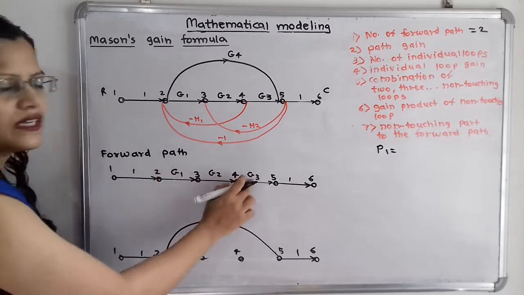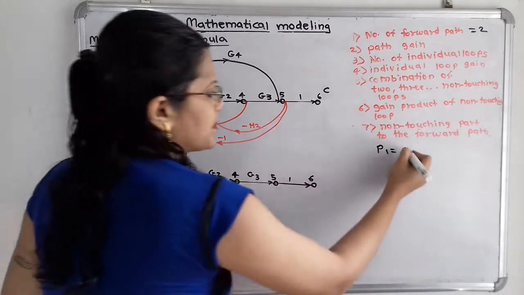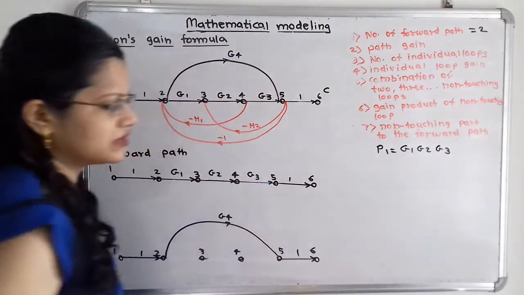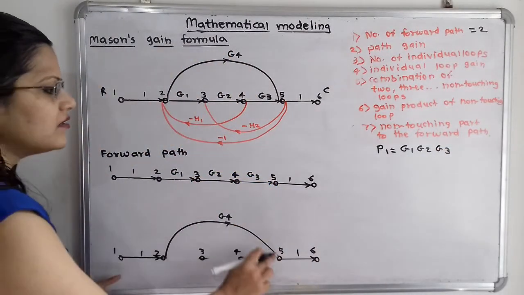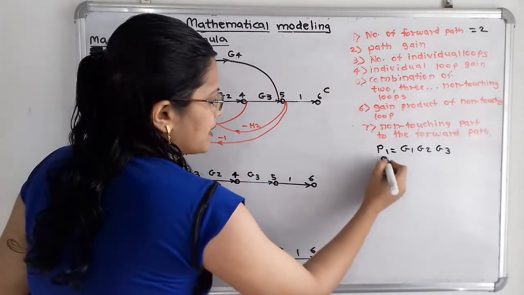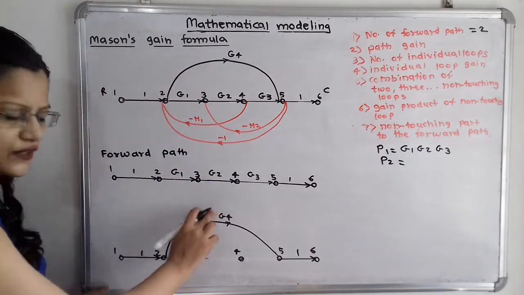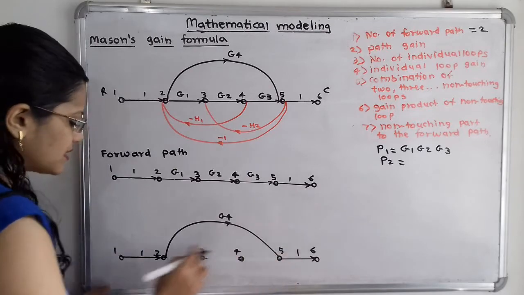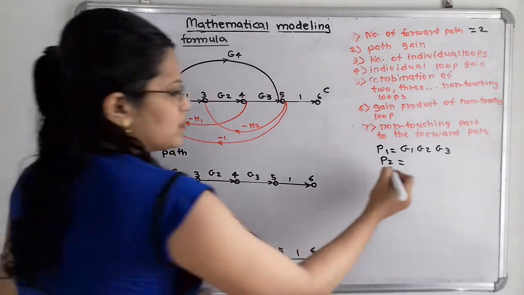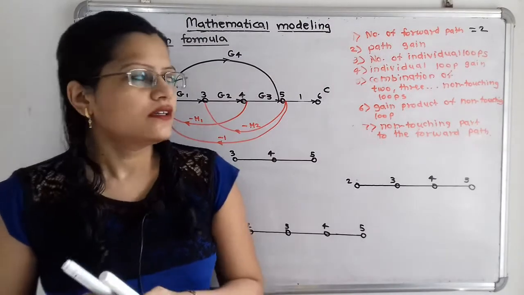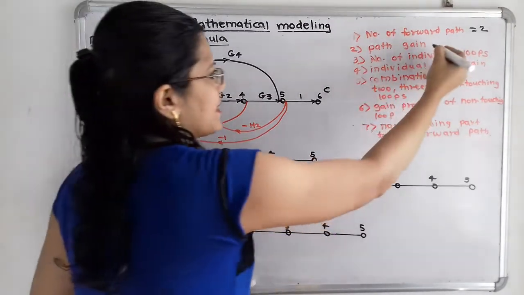So we multiply all these gains: P1 is equal to G1 multiplied by G2 multiplied by G3. Now for the second forward path, path gain P2, again if we observe there is only gain G4 and the other gains are 1, 1. So we can say P2 is nothing but G4. These first 2 points are now completed.